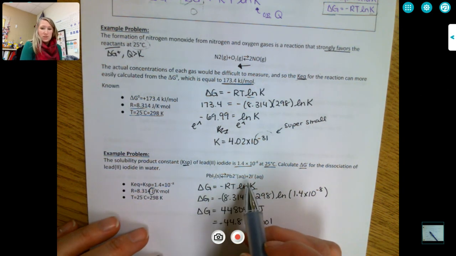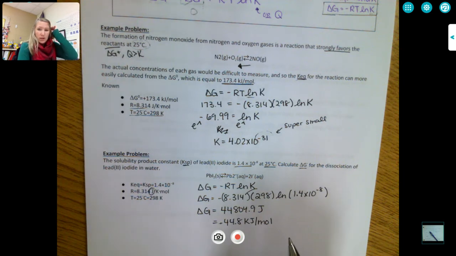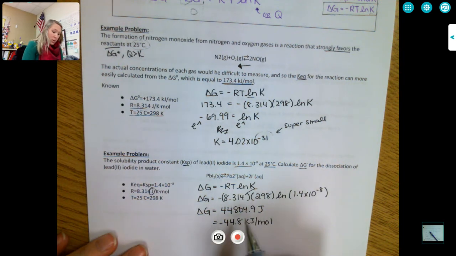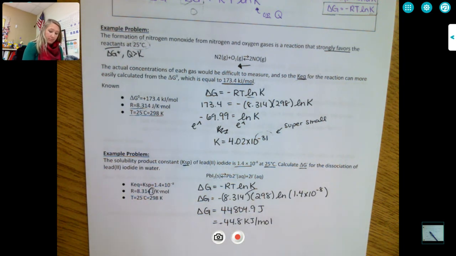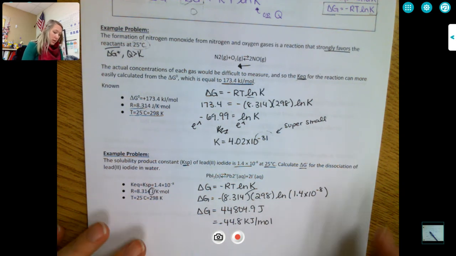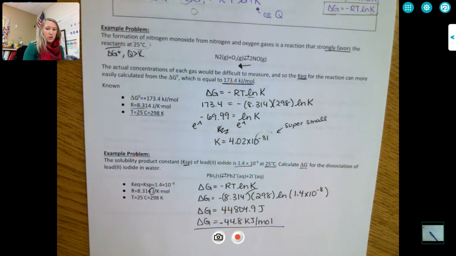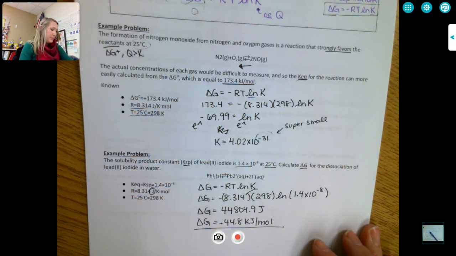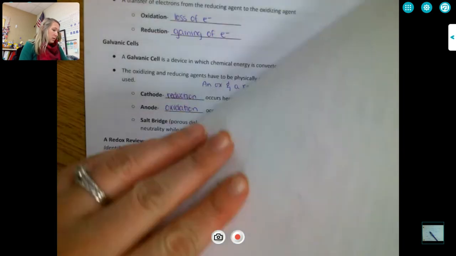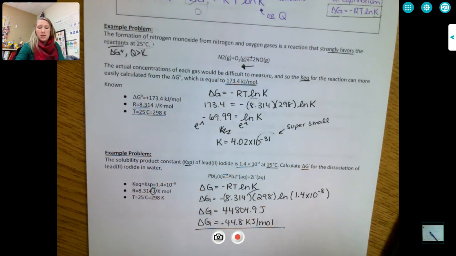No, this doesn't just naturally dissolve in water. However, we could force it, probably at different temperatures. We could figure that out doing one of the other calculations. But we can see that my delta G value for this is a positive 44.8. And that is the end of our notes.